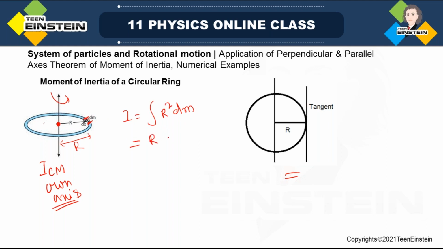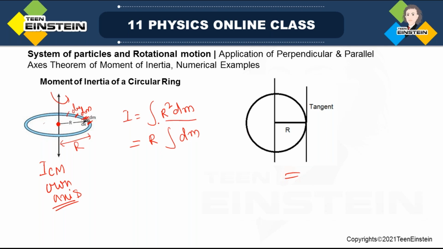So what you have to do is integration of dm. What does integration of dm mean? If I know this particular element has mass dm, I can take the same element, of the same size, here also having mass dm, and another dm. If I sum them up like that, I get the whole mass. So I don't have to do a separate integration for that.